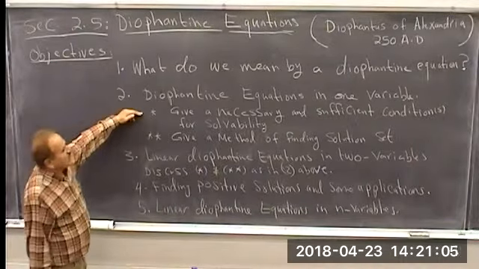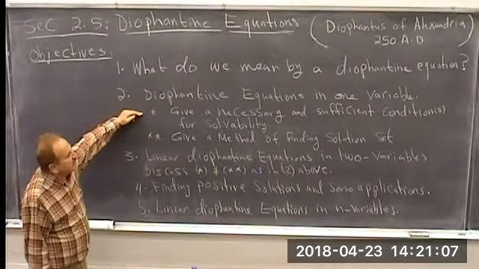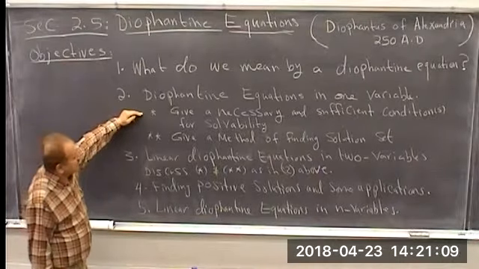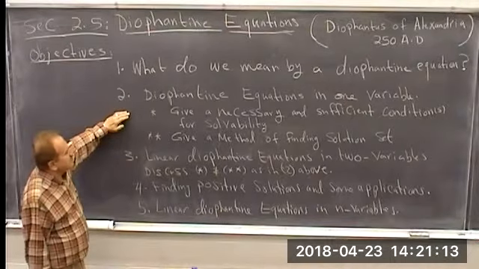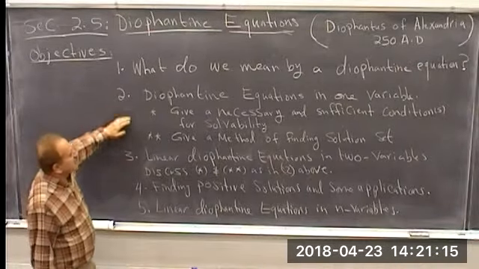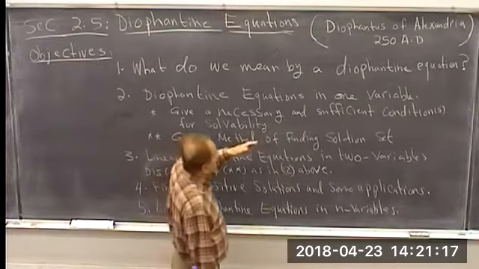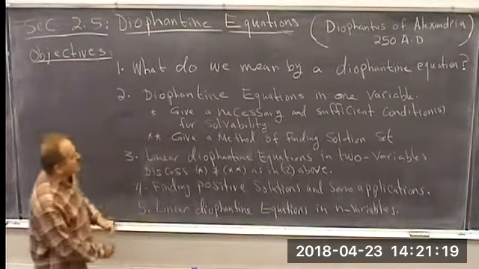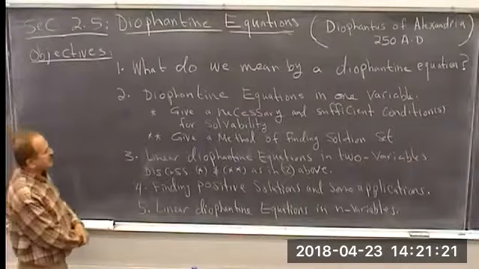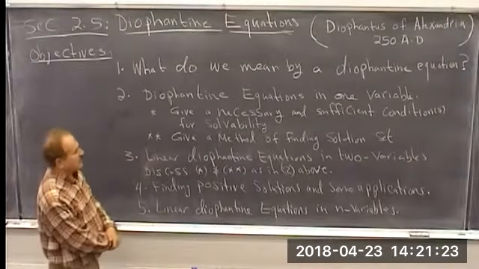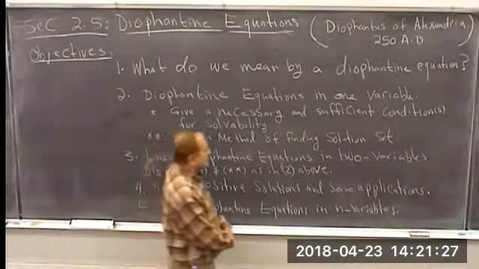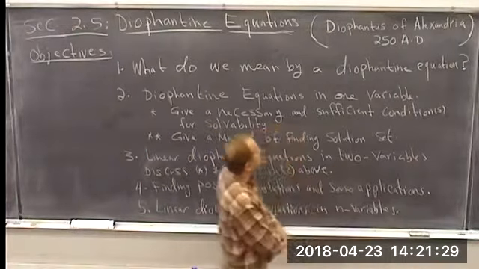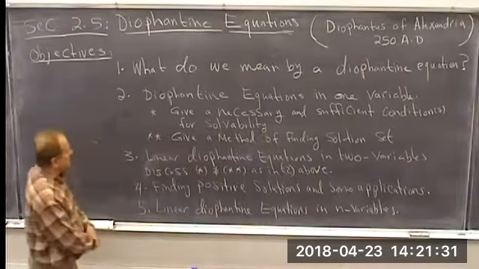And there are two questions that we're going to be interested in studying for Diophantine equations, or any type of equation: first, to give necessary and sufficient conditions for solvability. In other words, when an equation, or a Diophantine equation in our case, is solvable, okay? And then to give a method for finding the solution set, meaning all solutions of the equation.